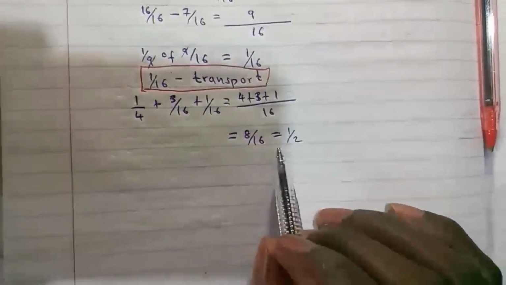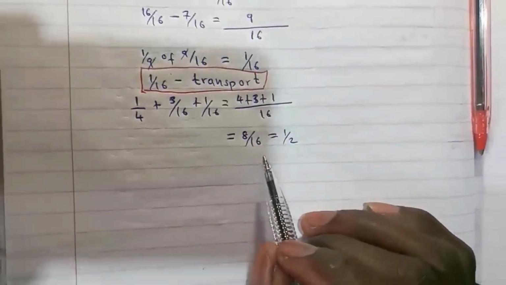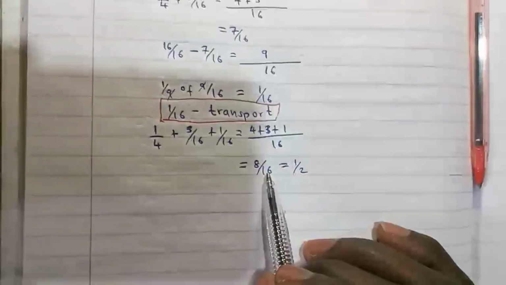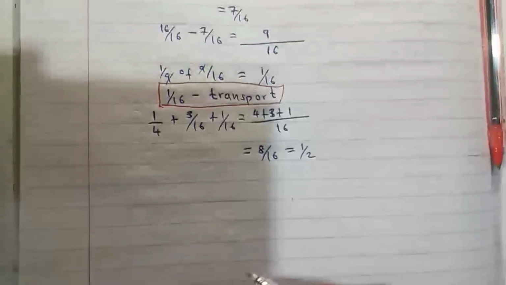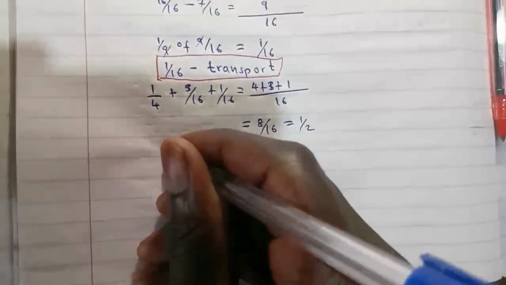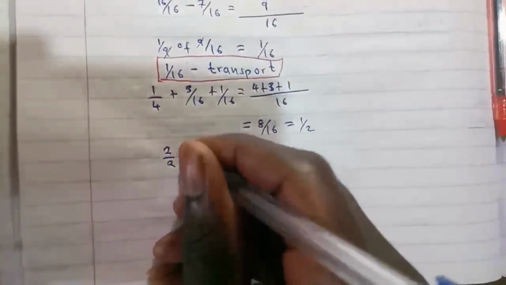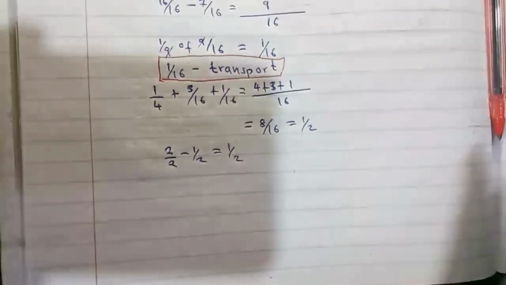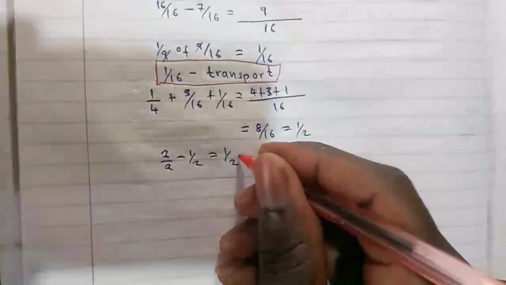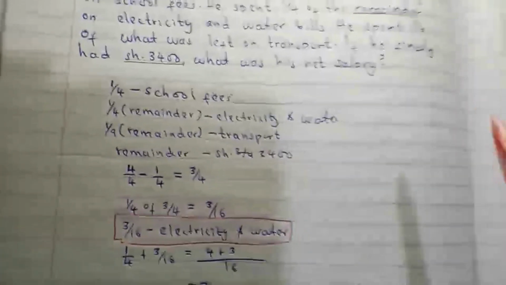So after spending, he has spent a total of half. We take the total salary to be 2 over 2. If we subtract half, we are going to get half. Now this half represents what remained.